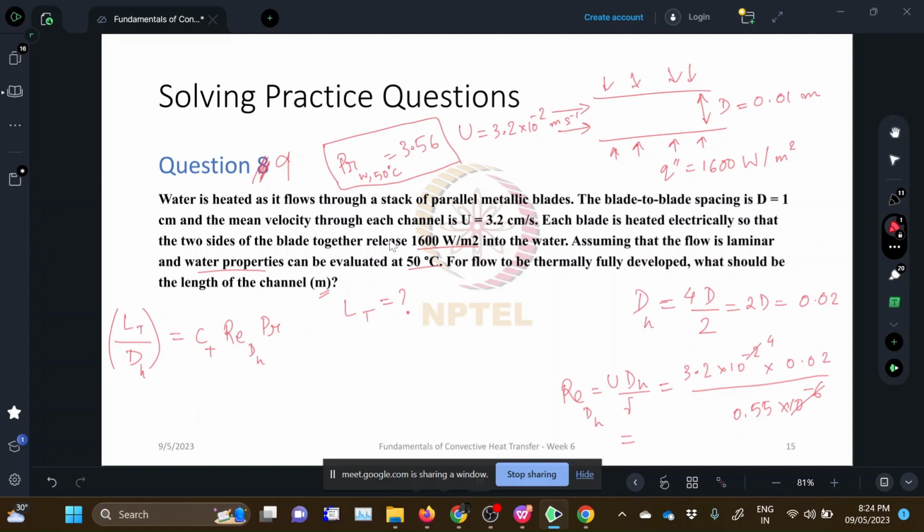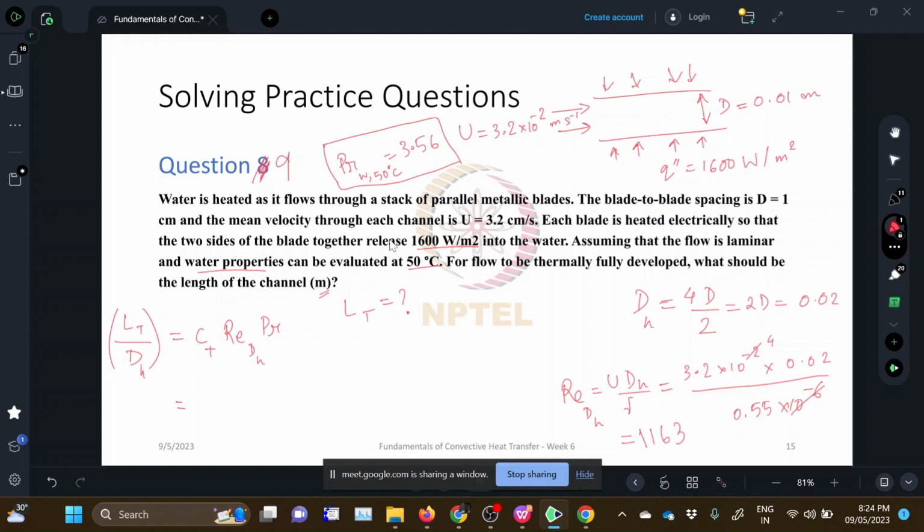So 3.2 multiplied by 0.02 into 10 power 4 is 640, and 640 divided by 0.55 is something close to 1200, so 1163. We already have Prandtl number, so now it's a matter of putting everything in.